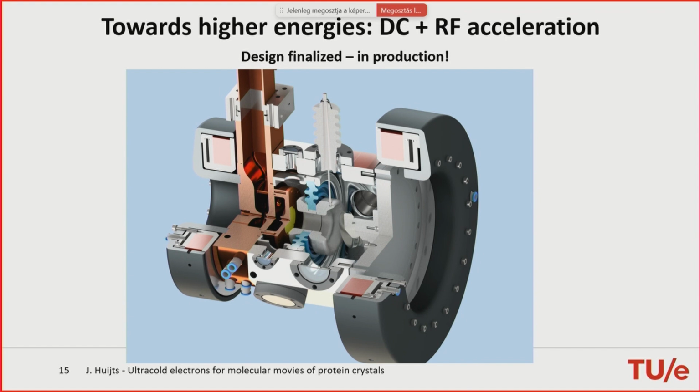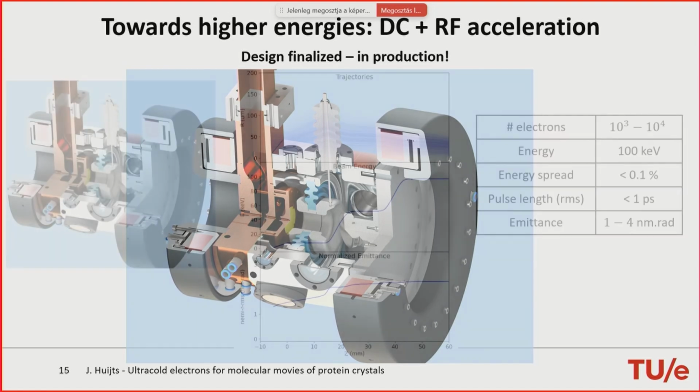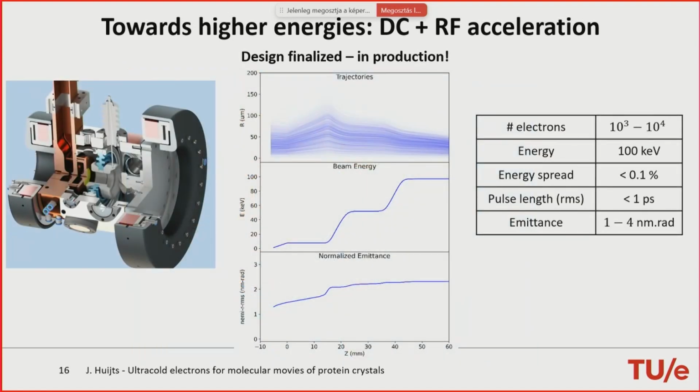And I have a PhD student who worked out this final design. I'm not going to go through everything here, but basically in here is where those rubidium atoms sit, where we create the electron beam. And then here you recognize that copper structure again, where the electrons are accelerated to 100 keV. And it's going into production this month, actually.